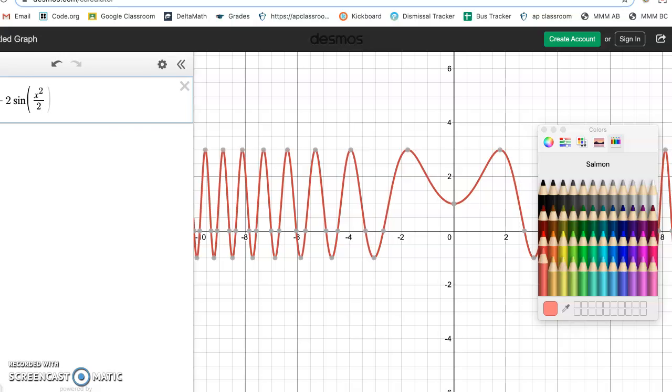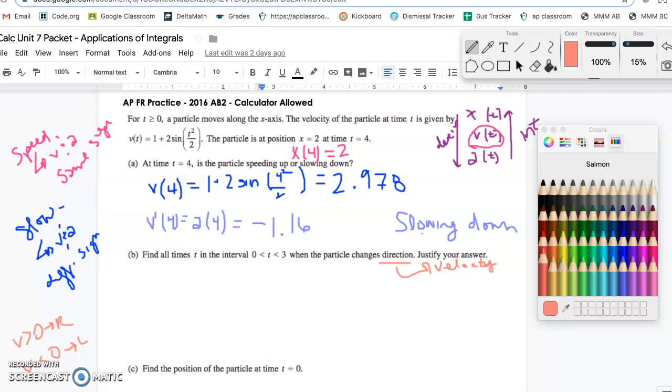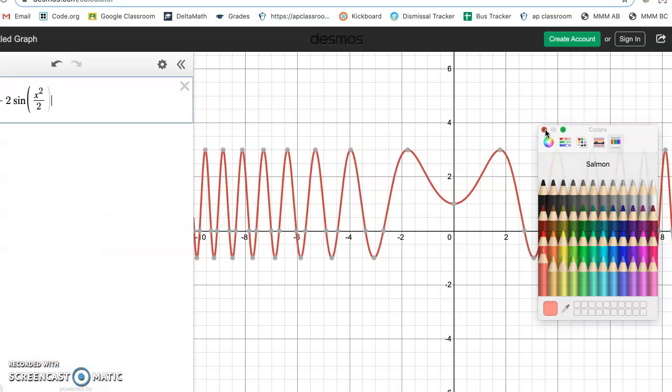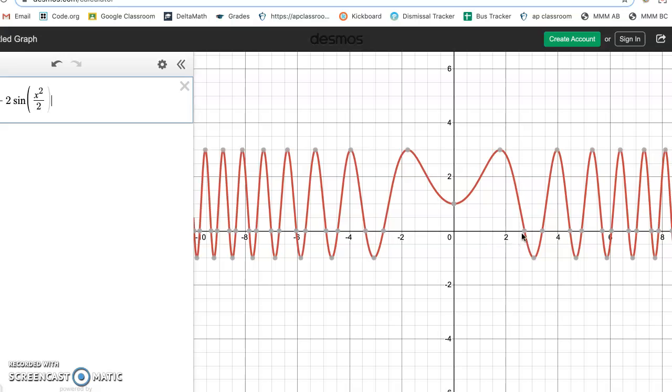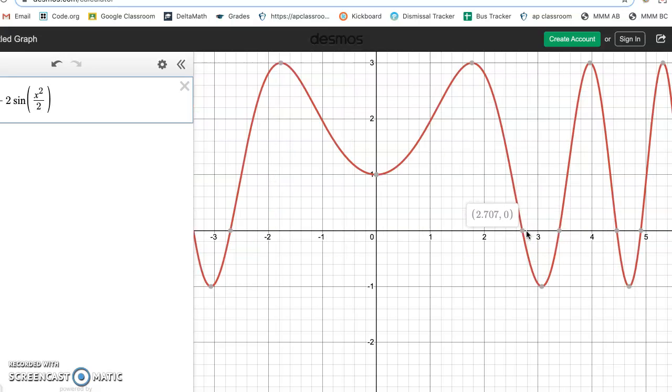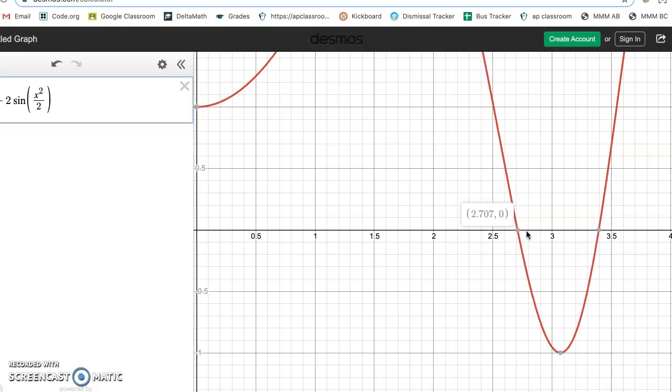And it's only asking over the interval from 0 to 3. So I'm saying from 0 to 3, which is about here. The only time it changes is right here at t equals 2.707.